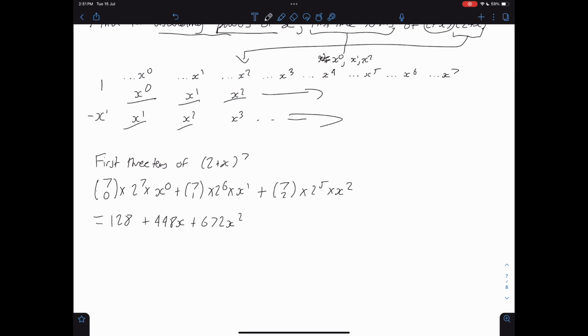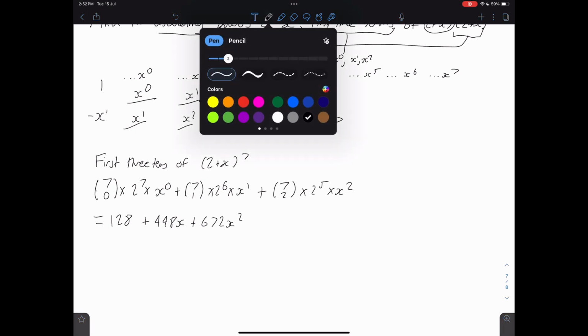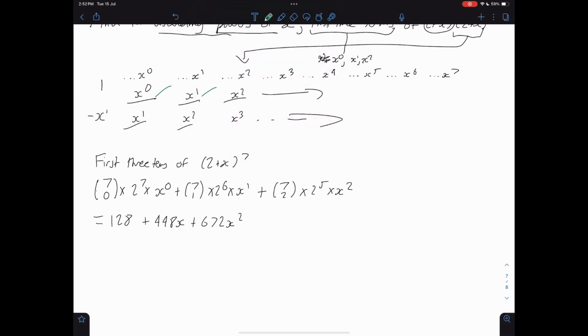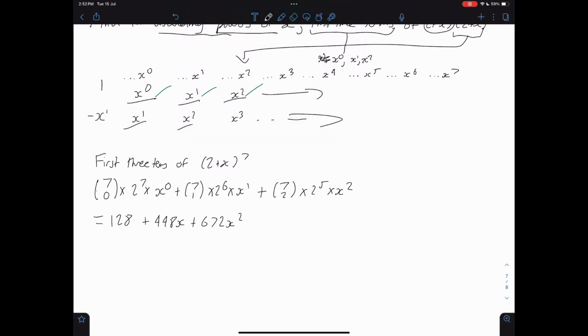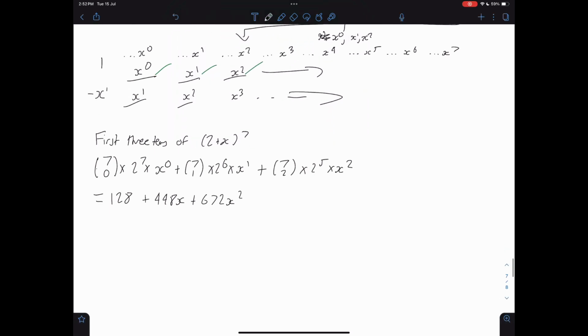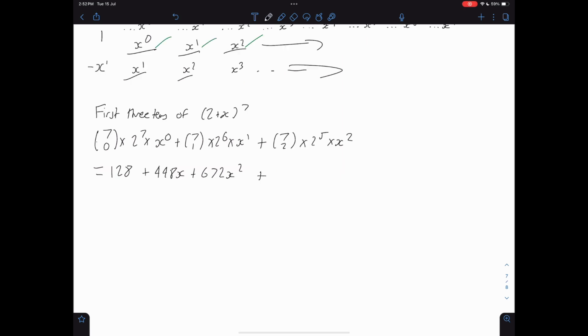And because this gets multiplied by 1, they'll stay the same, so already we have found 3 out of the 5 terms we need. And then we just need to multiply our 128 and 448x both by negative x.